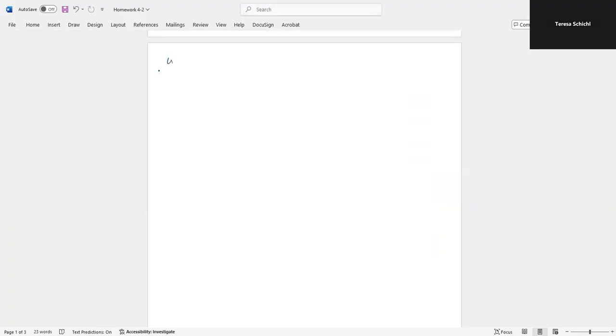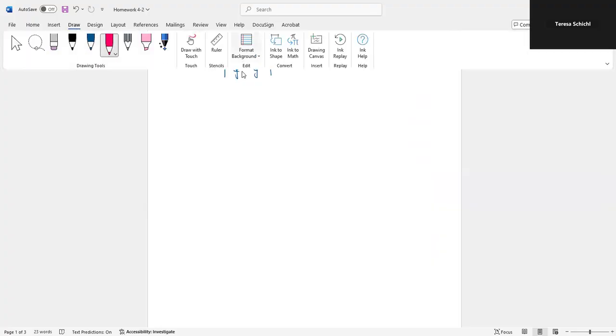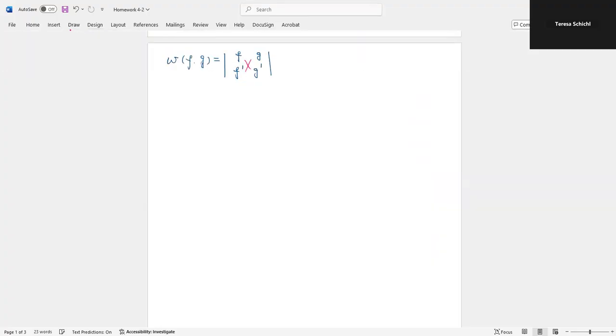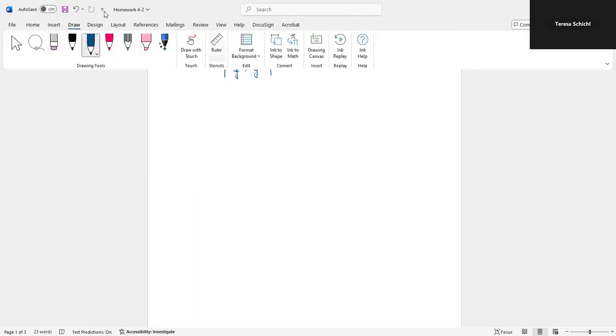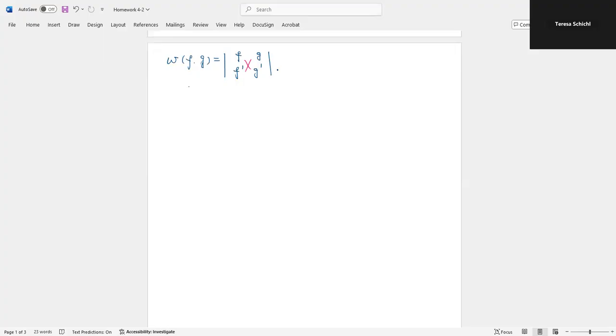So the first thing is, we know the Wronskian of f and g is basically the determinant of this matrix: f, g, then f prime, g prime. The determinant, you just do a cross product. So this is going to be equal to f times g prime minus g times f prime.